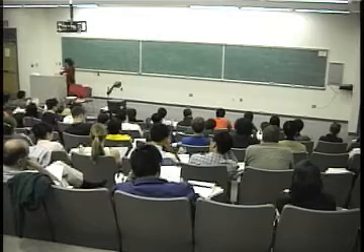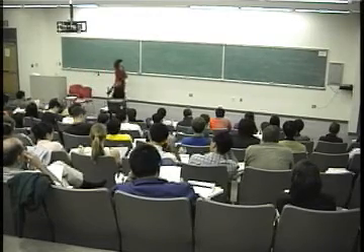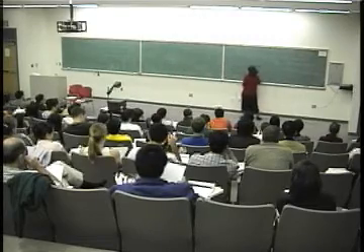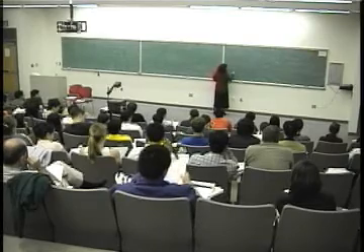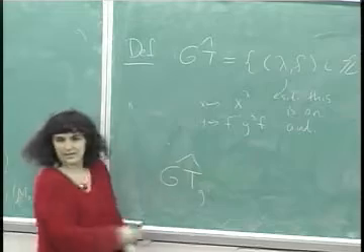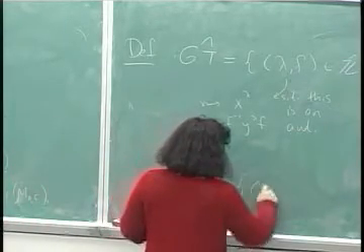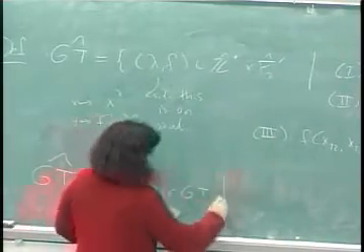Now I'm going to write one more relation. And for this one, I'm going to need to draw a picture. So let me call this GT sub G for a reason that I'll tell you pretty soon. So it's equal to lambda, f in GT satisfying a further relation.